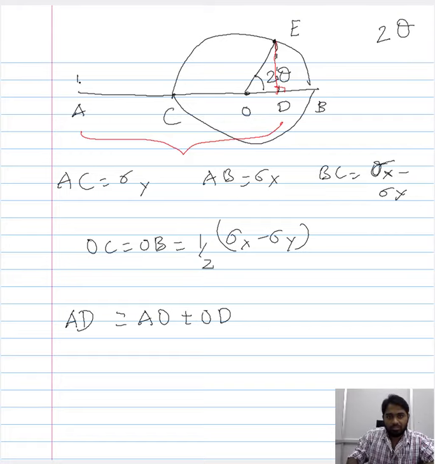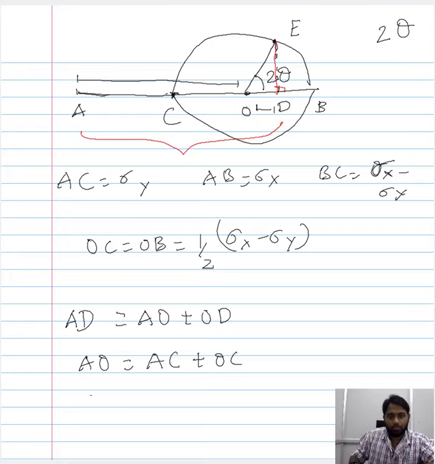So the summation of AO plus OD is nothing but AD, the segment that we want to consider. Now AO, that is this region from O to A. O is the center of the circle and A is the initial point. So AO can be written as AC plus OC. So AO is nothing but these two segments, that is AC plus OC.